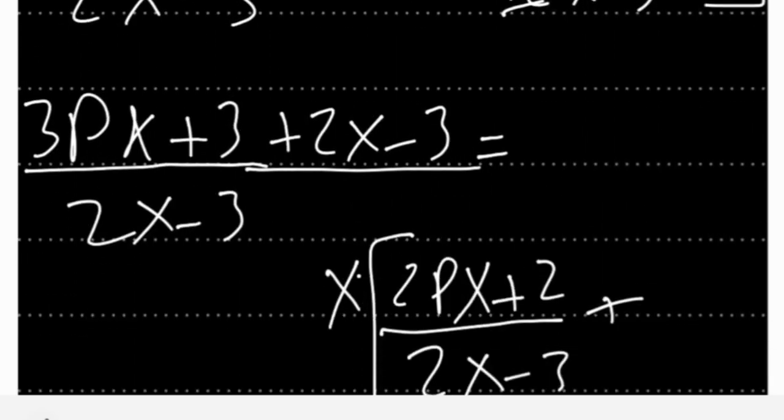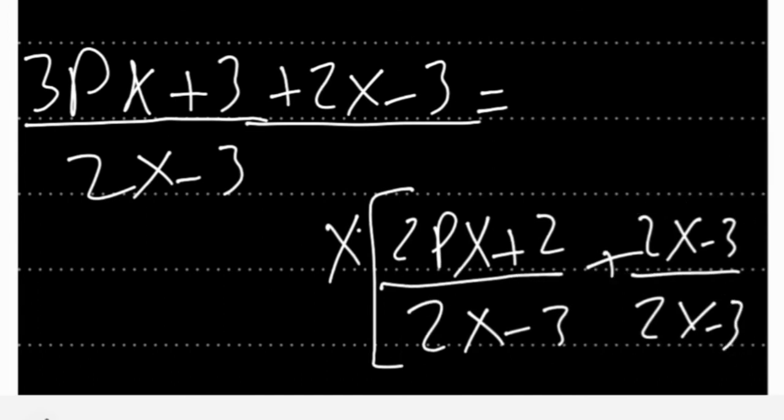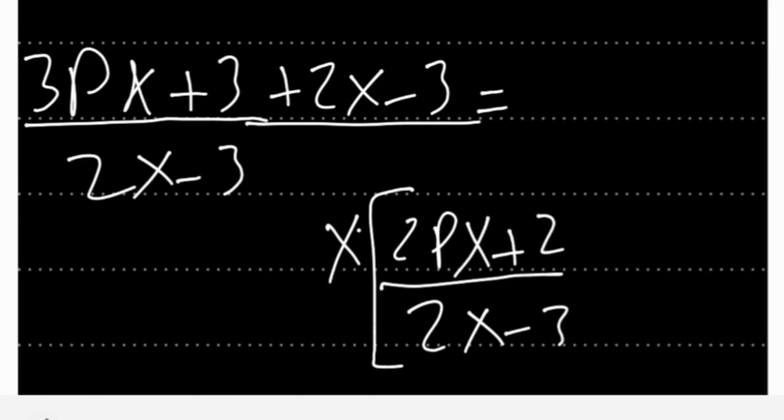But again, what can we say that 1 is? 2x minus 3 divided by 2x minus 3. This is still 1. But now we can join them in one base, with plus 2x minus 3, okay?